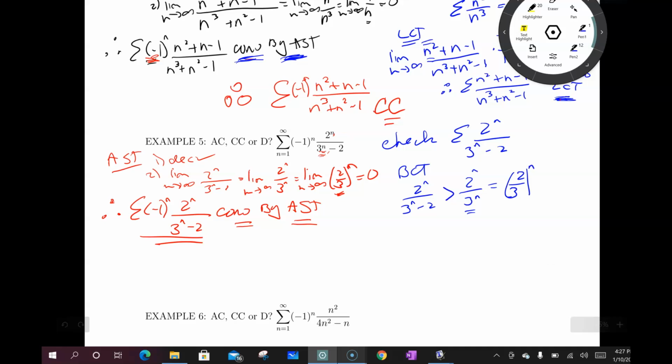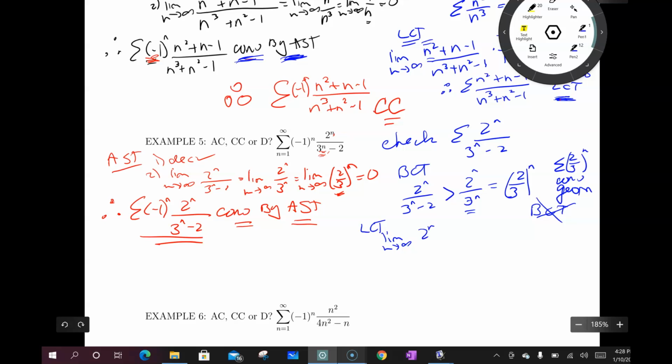So what do I know about the sum of 2/3 to the n? That's a convergent geometric sum, right? Is that good? Oh, bummer. BCT is a bust because this is the smaller sum, right? Basic comparison doesn't work. So off to limit comparison test.